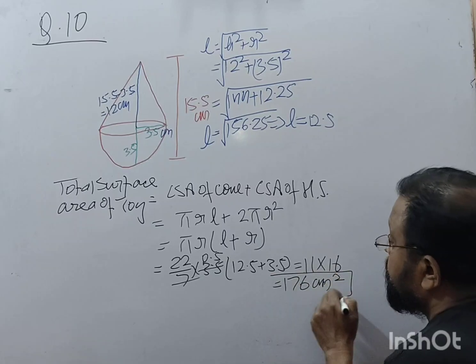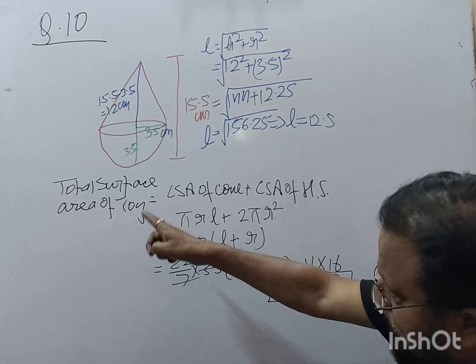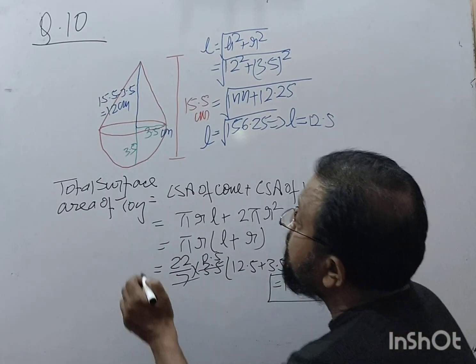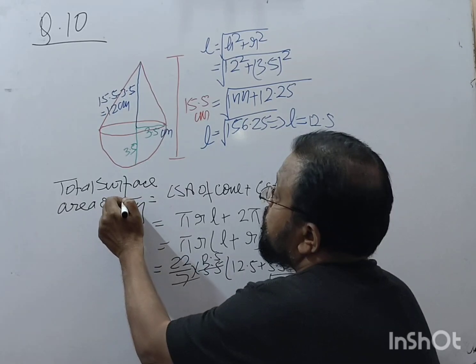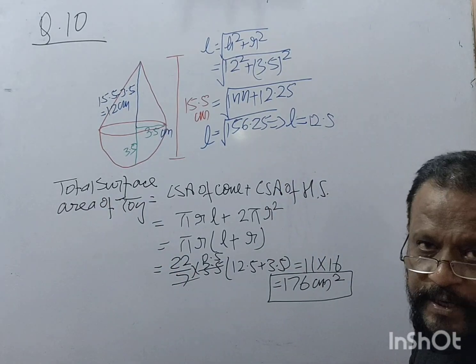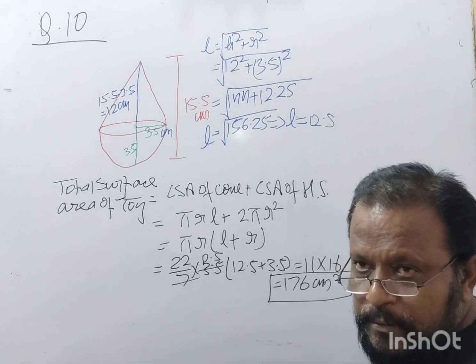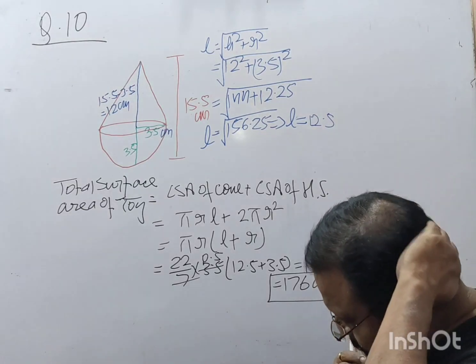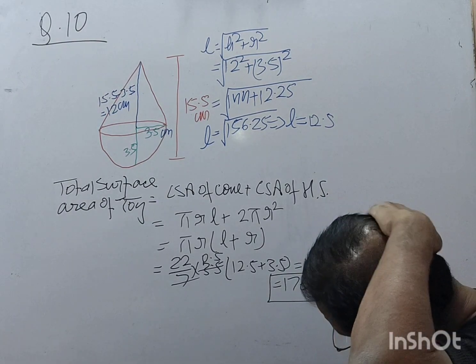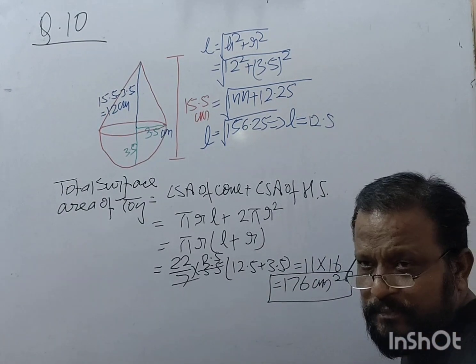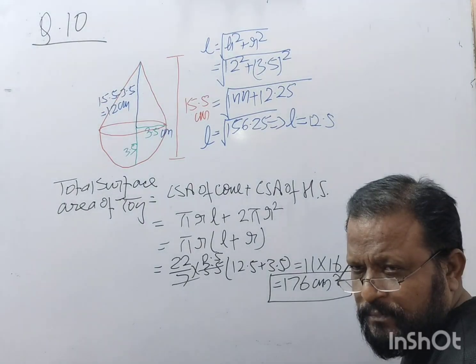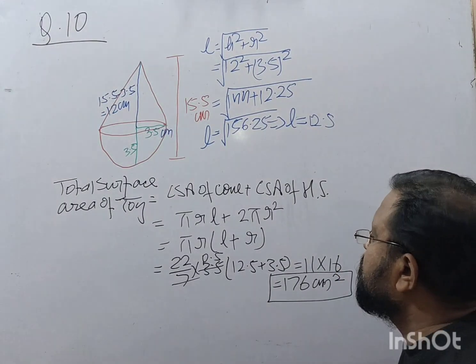What is your answer? Total surface area of toy is how much? 176 centimeters square. The answer given is 214.5 centimeters square.